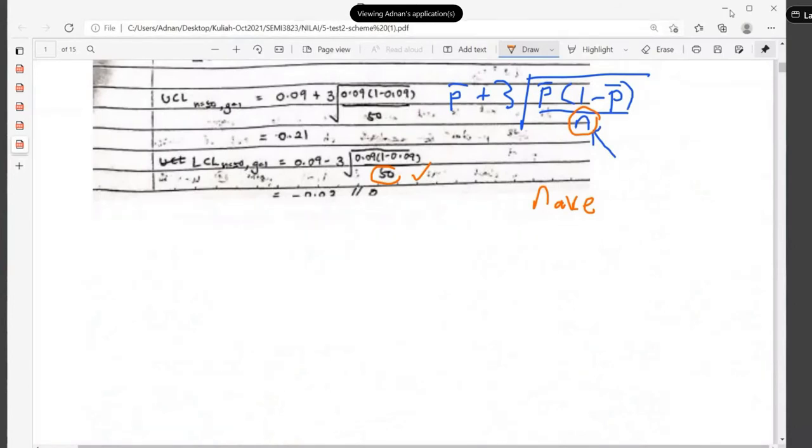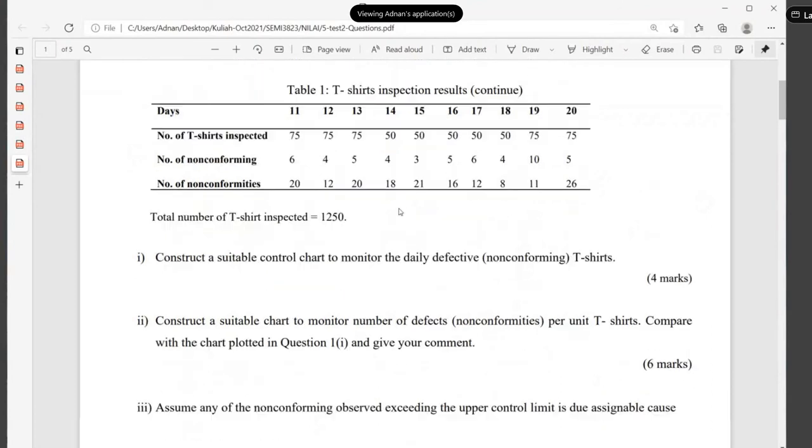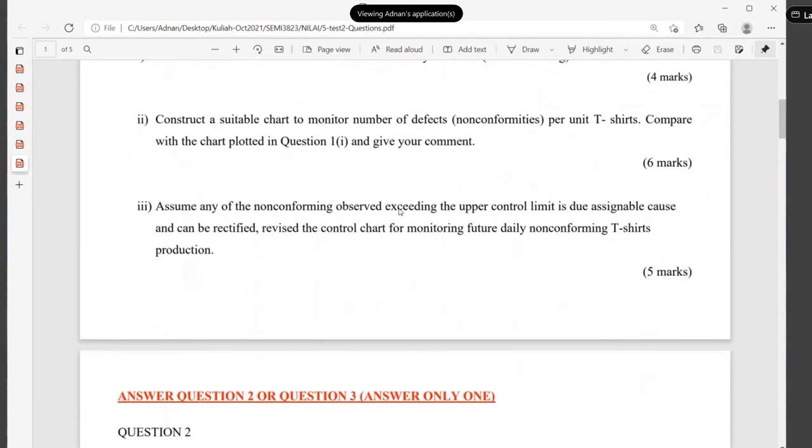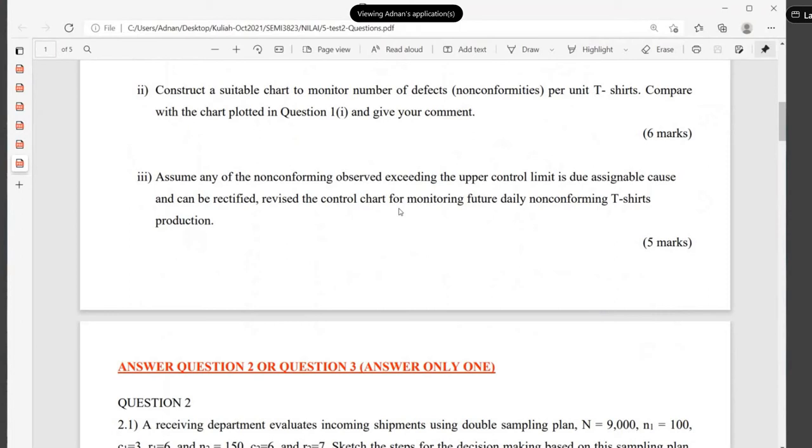Okay, second question. Construct a suitable chart to monitor number of defects, which is non-conforming per unit t-shirt. Compare with the chart plotted in question 1 and give your comment. So what chart? Agak-agak now.